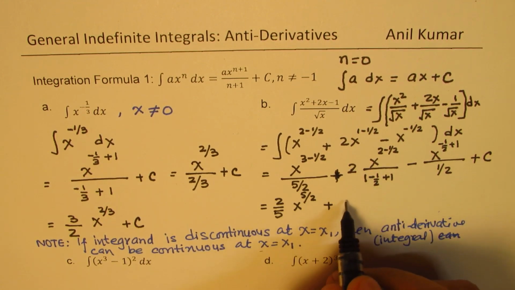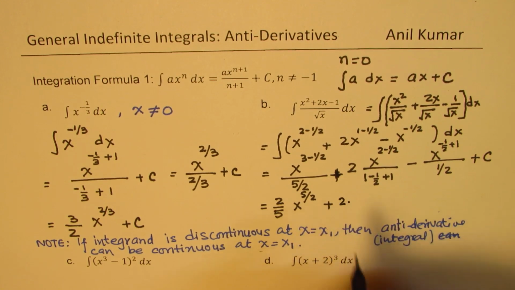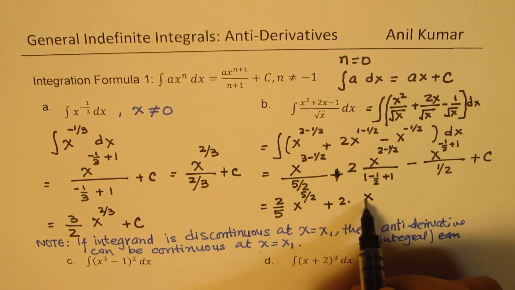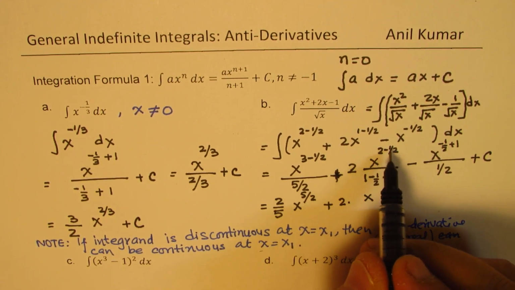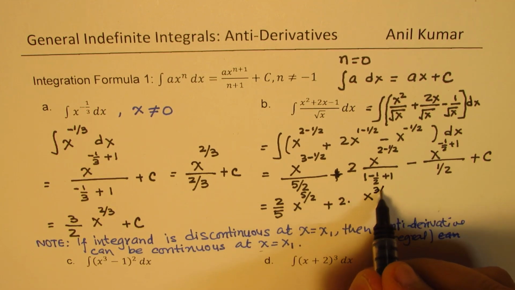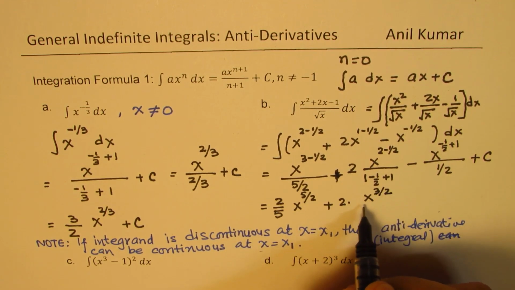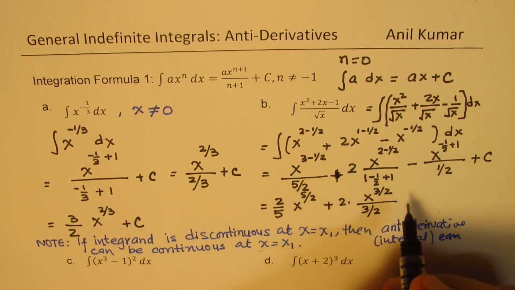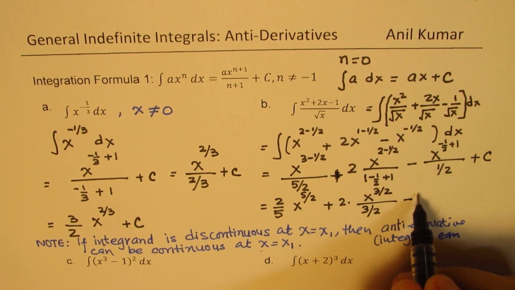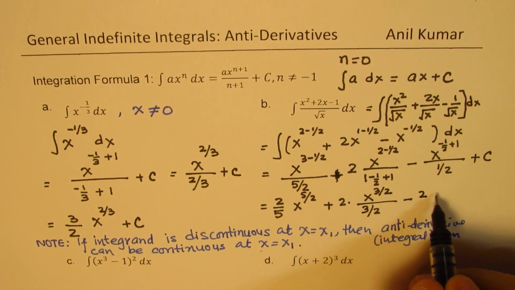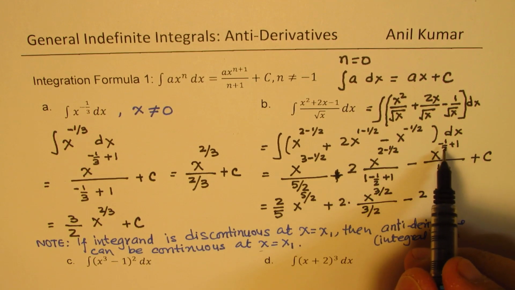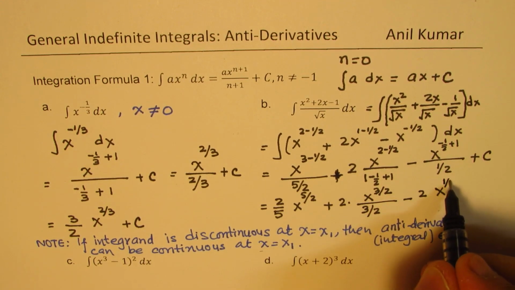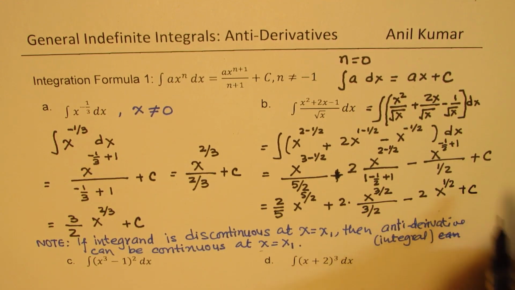So we get here 2 times x to the power of 4 minus 1 is 3, so we get 3 over 2 positive. Now in the denominator also we have 3 over 2. We'll write this as 2 over 3 in our final result anyway. We'll write this as 2 over 1. So 2 times x to the power of 1 minus half is half, plus c, correct?